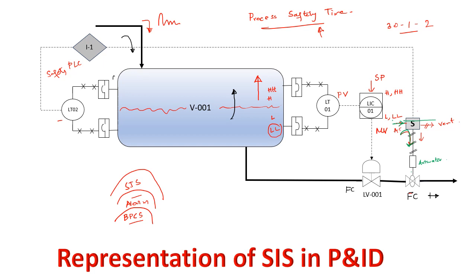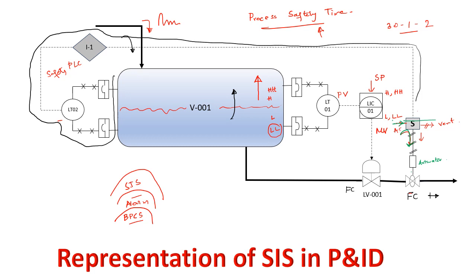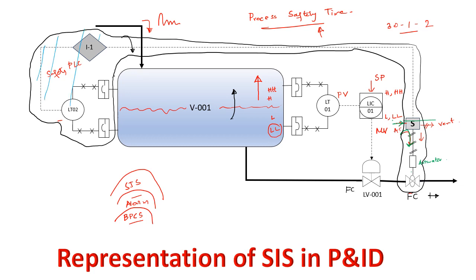Starting from this level transmitter to this PLC, all these wirings, everything, this valve, solenoid, every bit of it is part of your SIS. This whole thing is called your SIS.